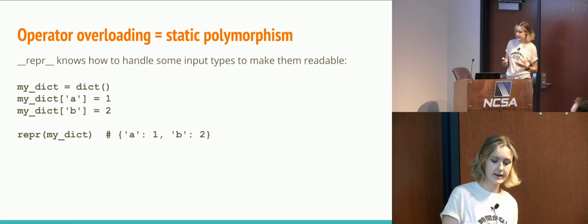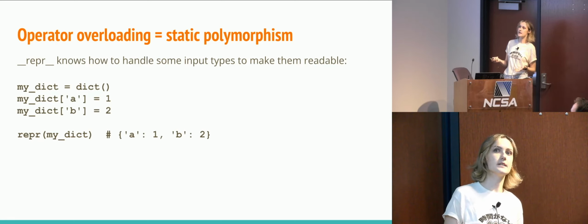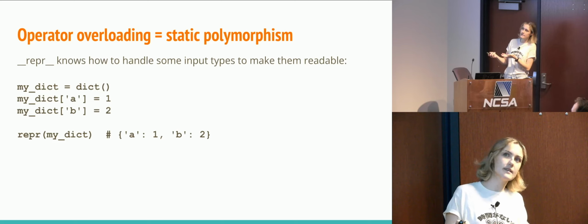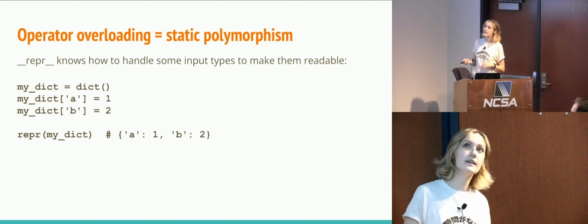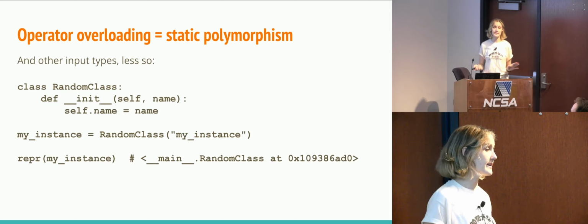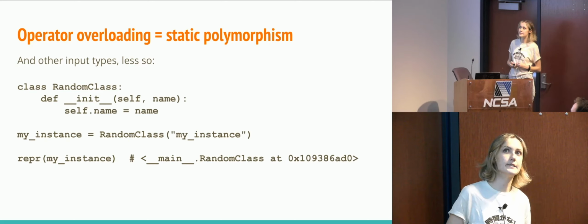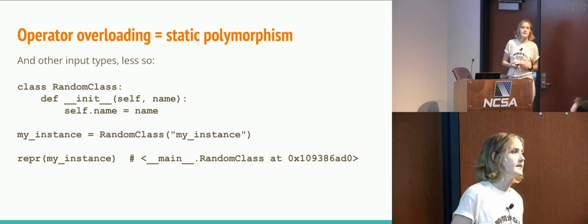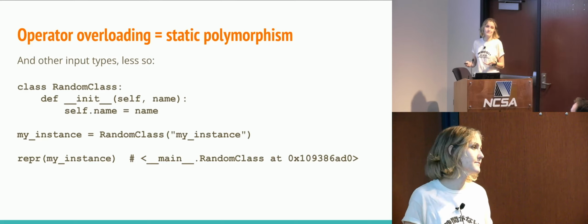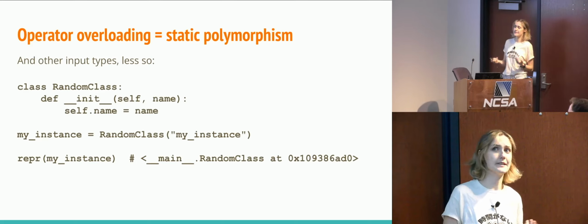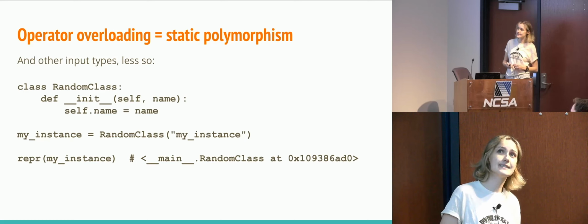So we'll see here, if we do a repr on a dictionary, we'll get a nice list of keys and values. However, it doesn't just automatically, magically know everything. If we try to use repr on some random class, it will oftentimes just give us a location in memory where we could find that class.